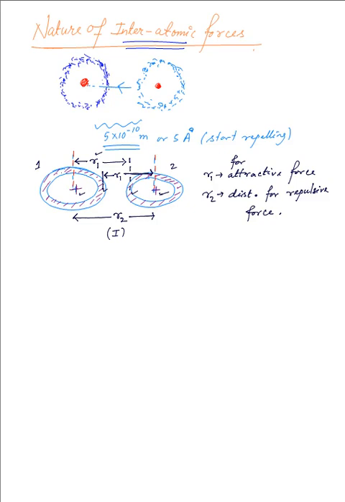Now as the electrons are attracted and the clouds come up, there's an overlapping that takes place. Now remember, the electrons are not touching each other, it's the cloud of the electrons that are overlapping. So now the clouds of the electrons have overlapped as a result of the attractive force.